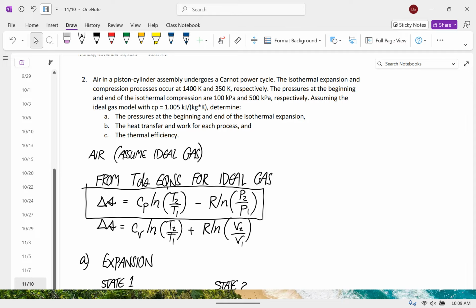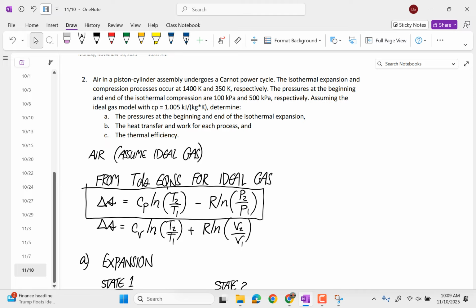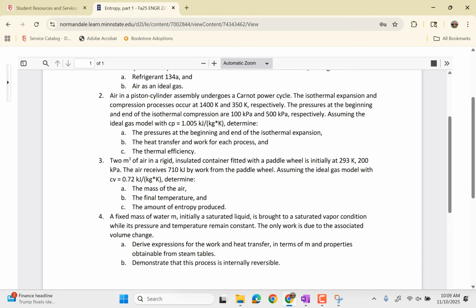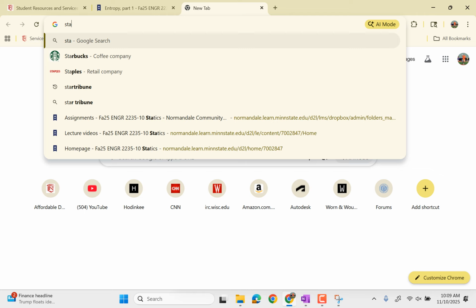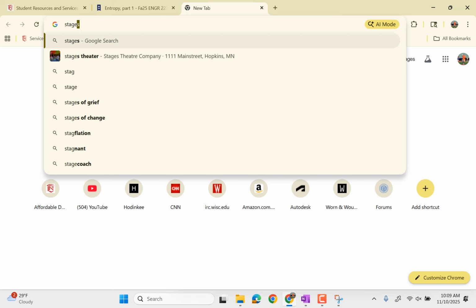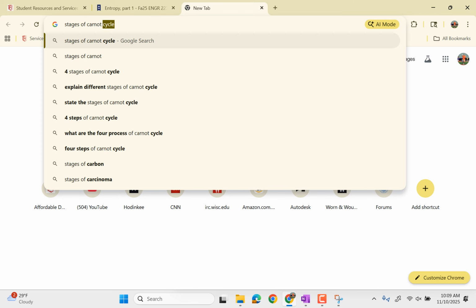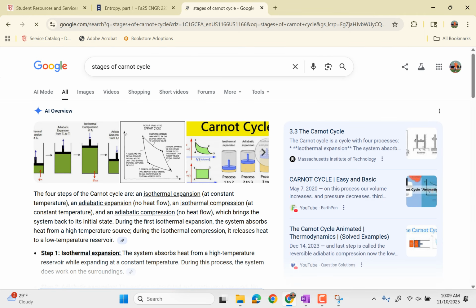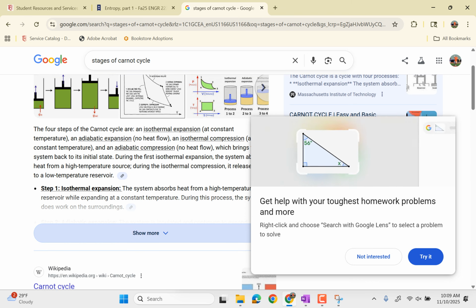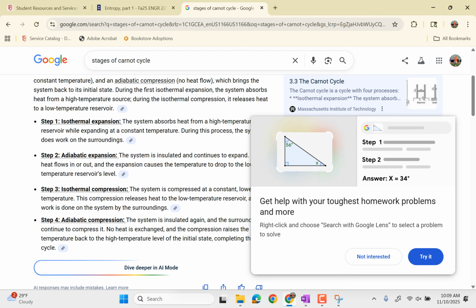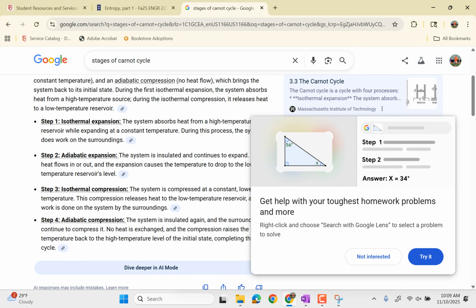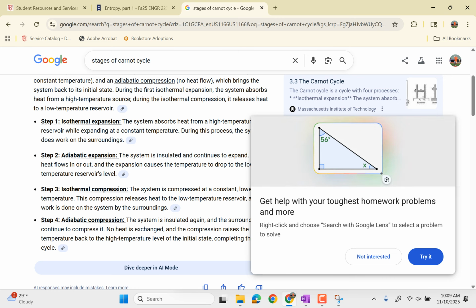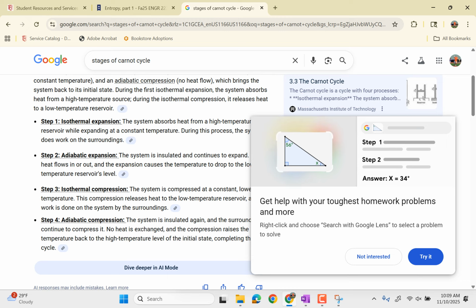I believe there are two other stages in this cycle, and I think that they are both isentropic. So I think that the entropy doesn't change. Oh, no heat transfer. Okay, so you have these two isothermal processes, and then you have these two with no heat transfer.